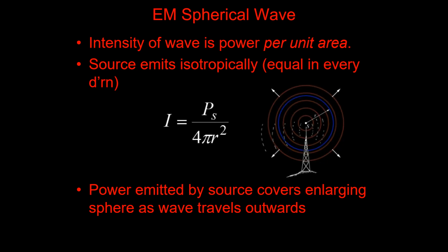So if we emit power from a point source and it propagates outwards spherically as per this diagram, then the power emitted by the source covers an increasingly enlarged area. As the radio wave moves outwards, the intensity drops by a factor of 1 over r squared as the wave travels outwards.